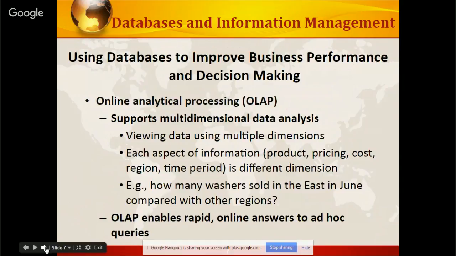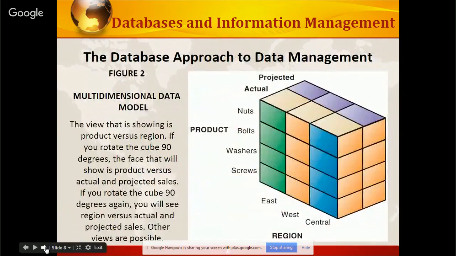OLAP enables rapid online answers to ad hoc queries, so you can get quick information online to different types of queries that you may have on the data. This looks at data in a multidimensional model.